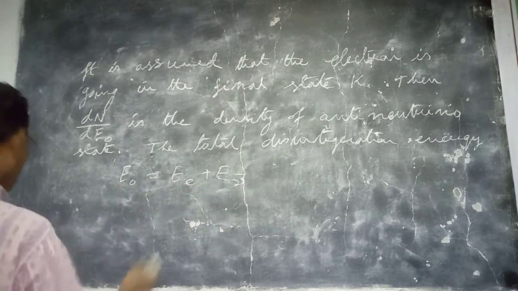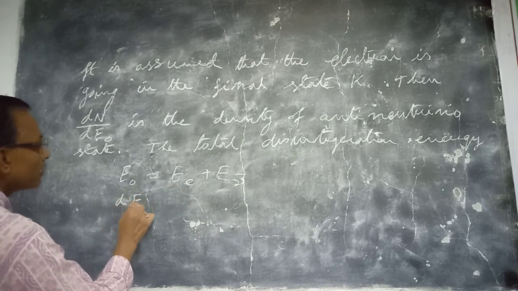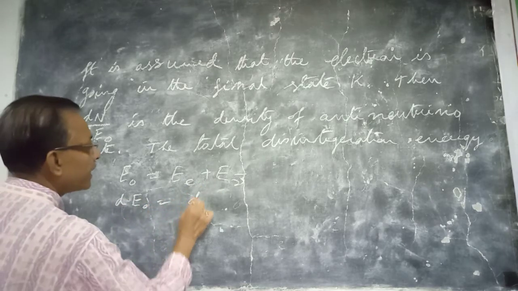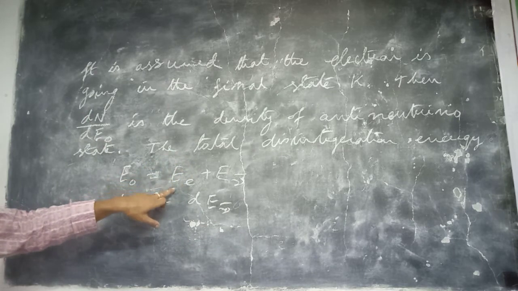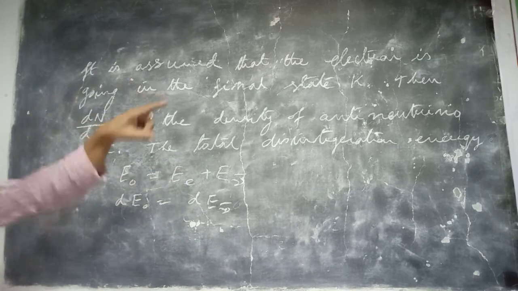This amount of energy will be released by these two particles, and dE0 is equal to dE nu bar, because here E is constant. We have assumed that the electron is going to the K state. So it is a constant quantity here now, not the variable.